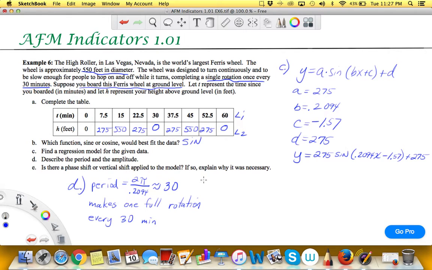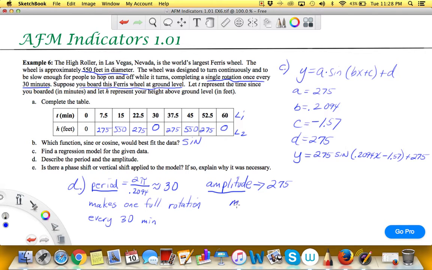It also talks about the amplitude. So let's underline period. And now the amplitude. We want to find the amplitude, which in this case is 275. It's A. So what does that represent? That represents that the Ferris wheel goes up 275 feet from the center and down 275 feet from the center.